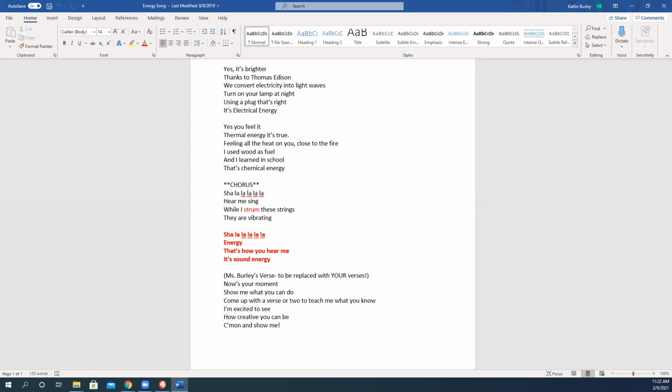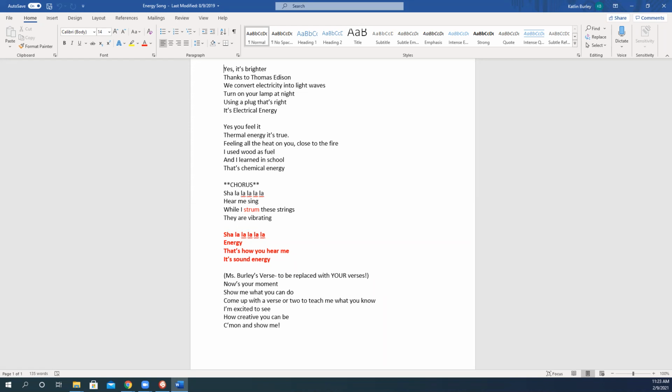There we go. Yes, it's brighter, thanks to Thomas Edison. We convert electricity into light waves. Turn on your lamp at night using a plug. That's right, it's electrical energy. Yes, you feel it. Thermal energy, it's true. Feeling all the heat on you, close to the fire.